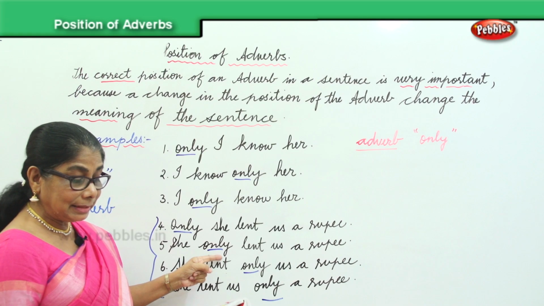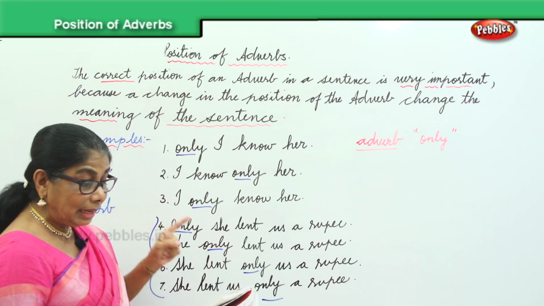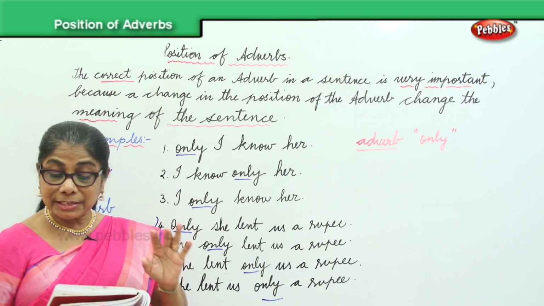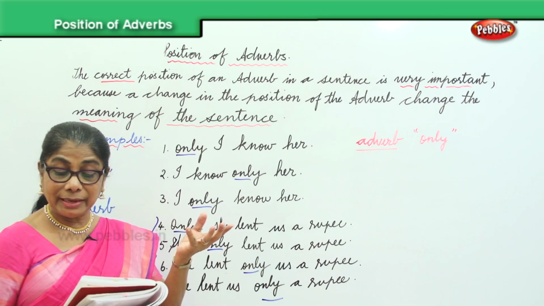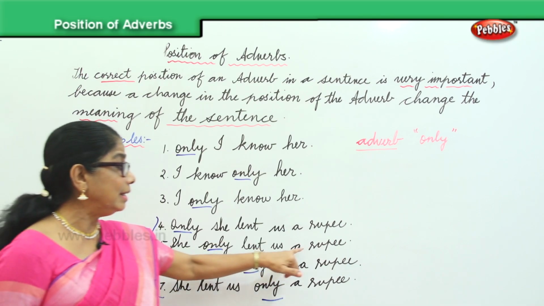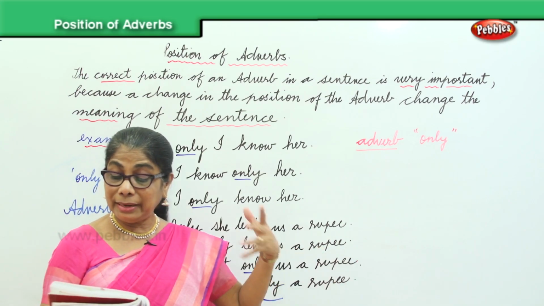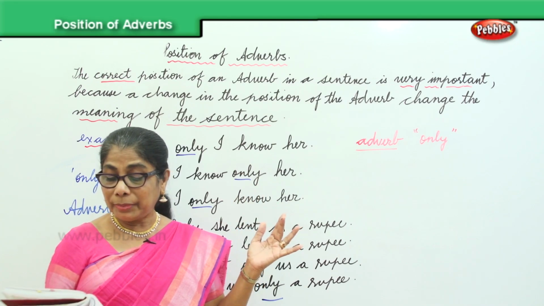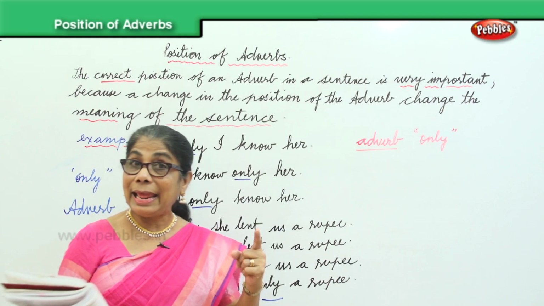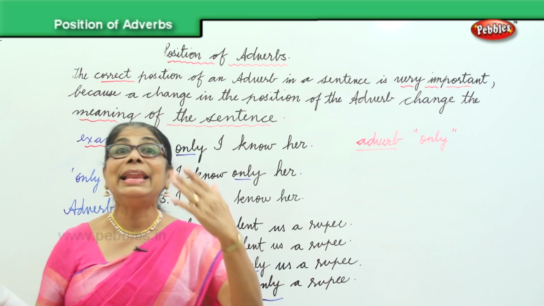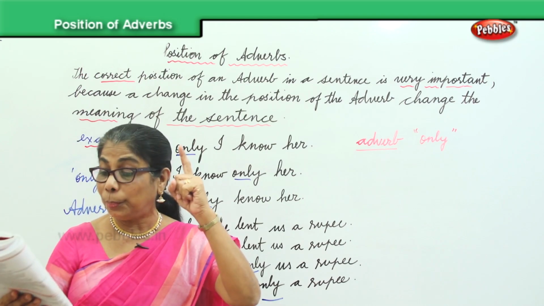In the second sentence, she only lent us a rupee. That means she did not give it away; she only lent it. Third one, she lent only us a rupee.